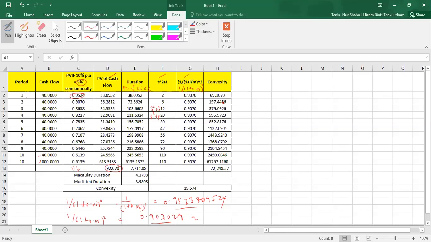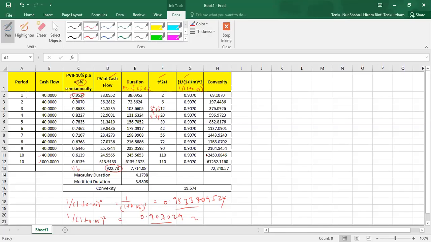The same process you repeat until the end of the period. So let's look at the second cash flow: 36.2812 multiplied by 6 multiplied by 0.9070, we get 197.4486.